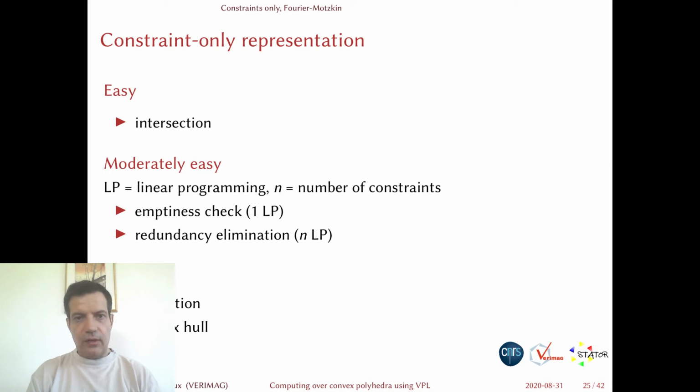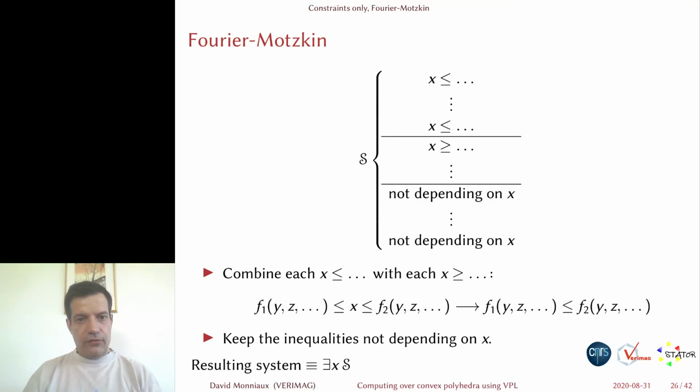In Fourier-Motzkin elimination, you have a system of inequalities describing one polyhedron. You wish to project the variable x, and you divide these inequalities into those that do not mention x, those that mention x with a positive sign, and those that mention x with a negative sign.